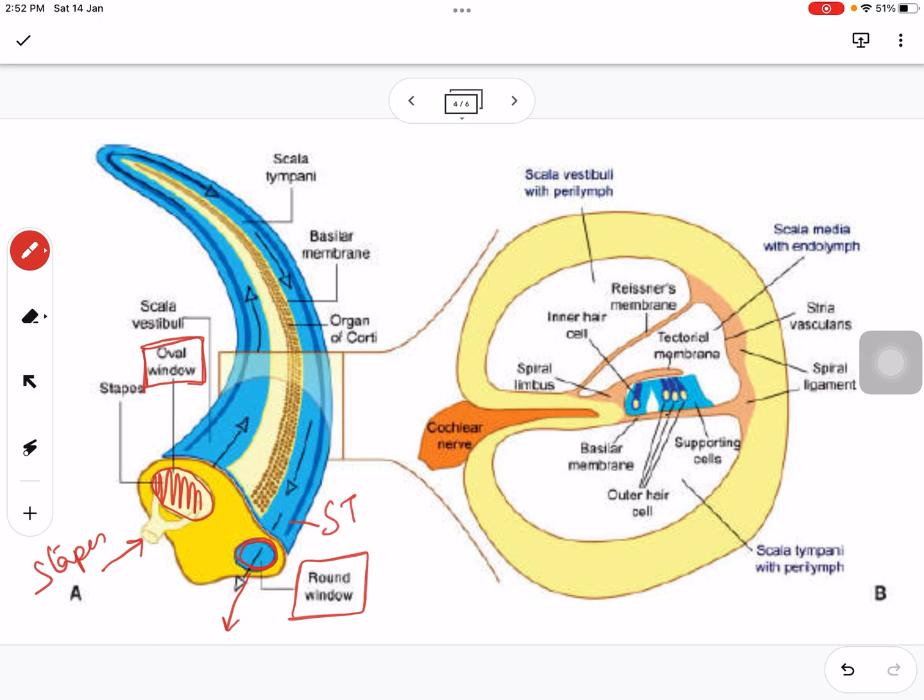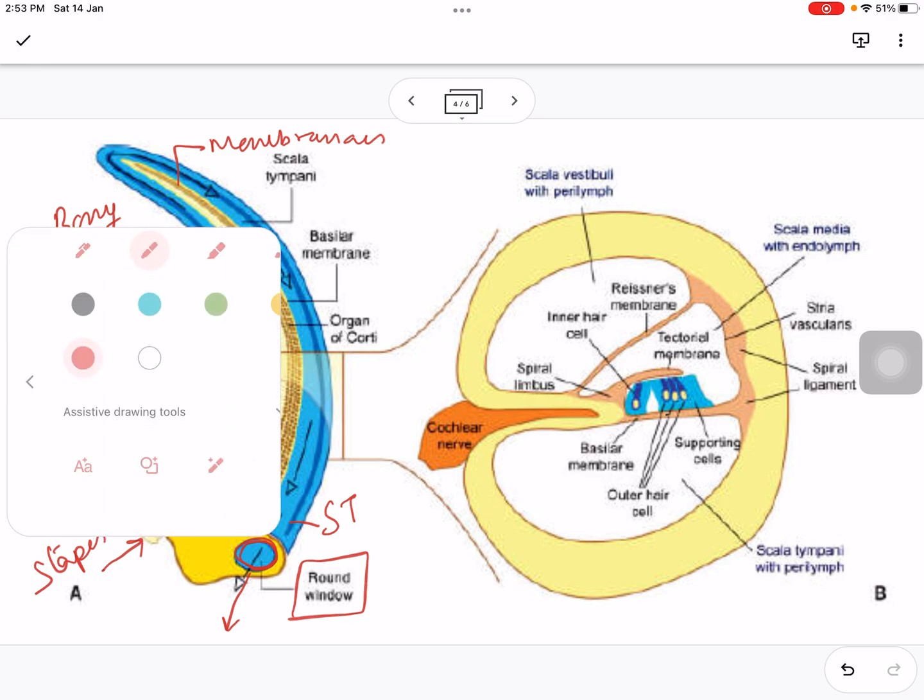Now the blue color part, this one, this is called your bony labyrinth. And the one in the center, right, you have your membranous labyrinth, right?